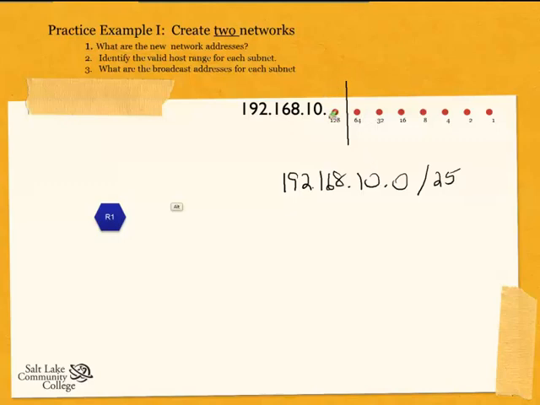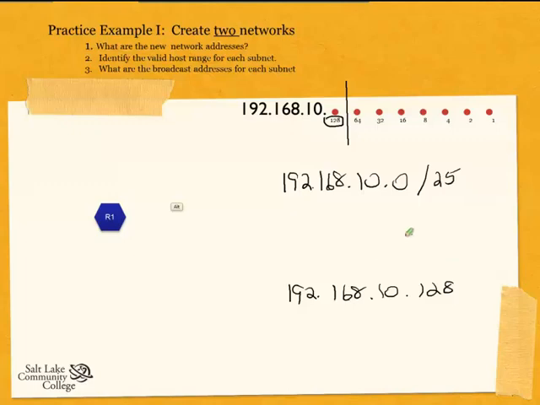They're going to go in increments of 128 because that's the number to the left of the line. And so our next network is going to be 192.168.10.128.